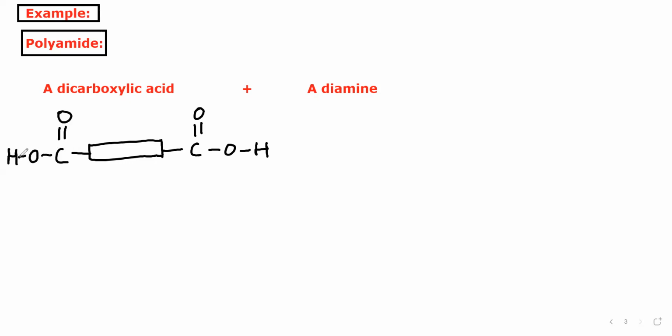And then here, the diamine: I'll have an amine group. Amine is NH2. There will be 2 H with N.